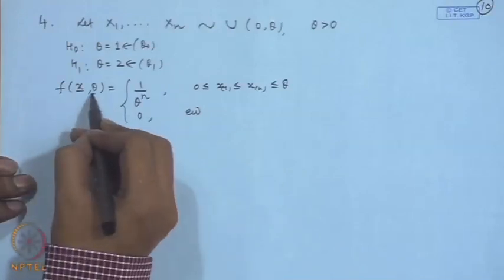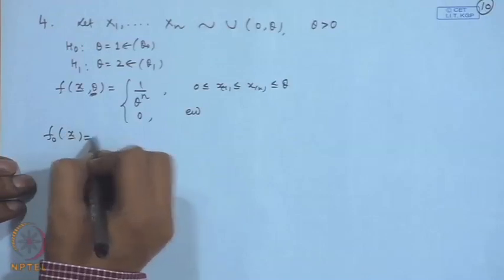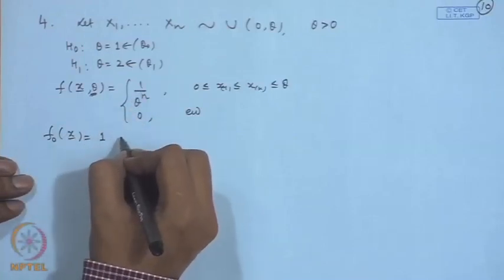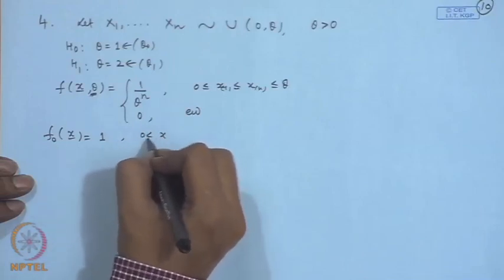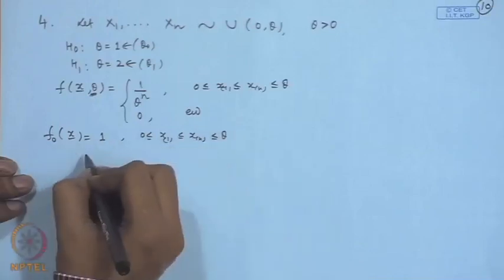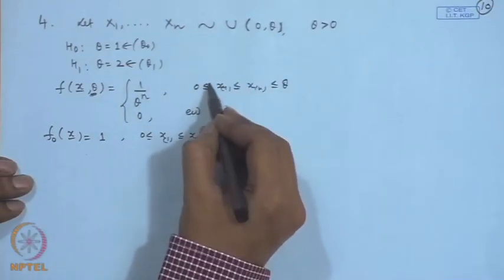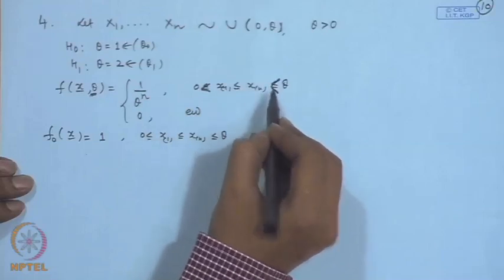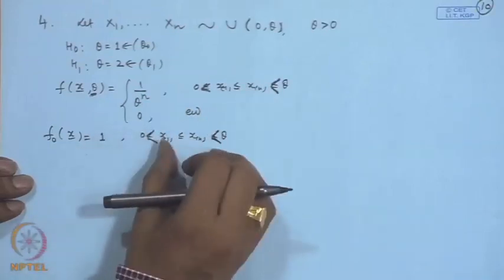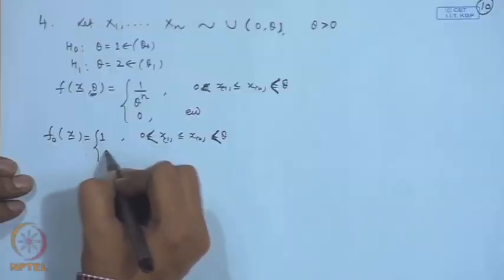When we write for f naught and f 1, for f naught this is simply 1. See, if we write here an open interval, then we need not put equality here, otherwise we may put equality, the probability of those points will be 0. So, it does not make any difference.